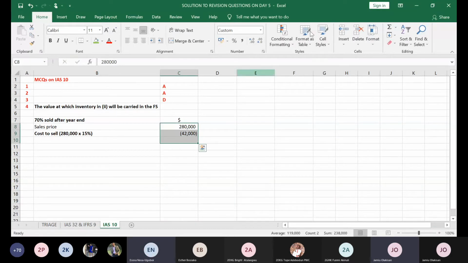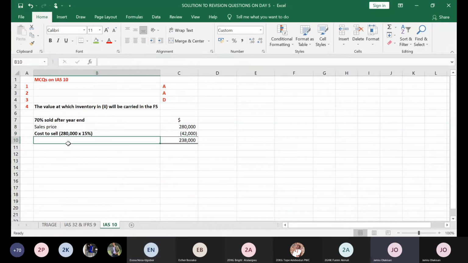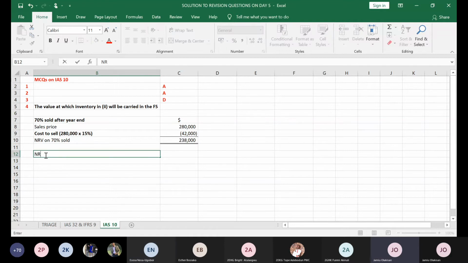Okay, so that means the NRV on the 70% that was sold is 238. So if you want to now derive the NRV on the entire inventory, what will you do?